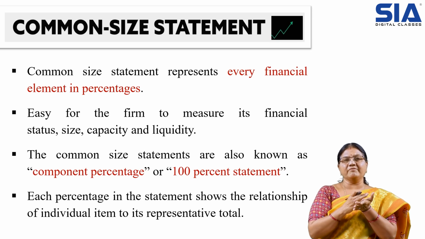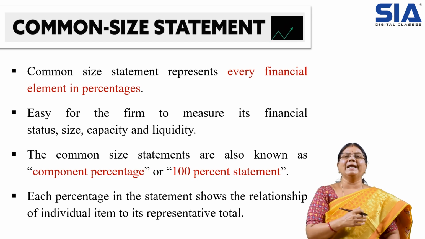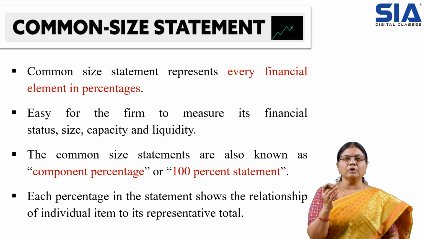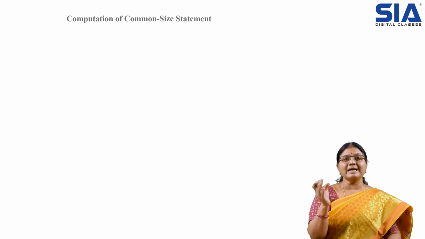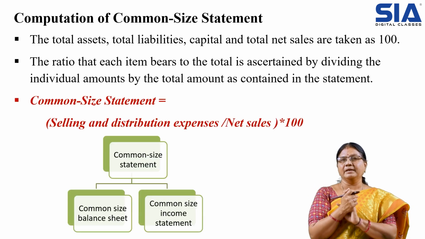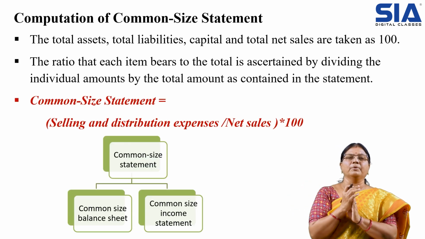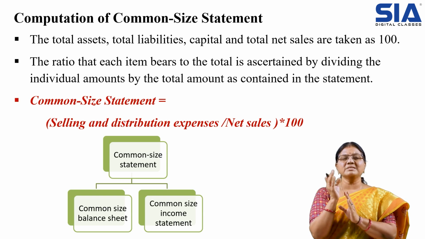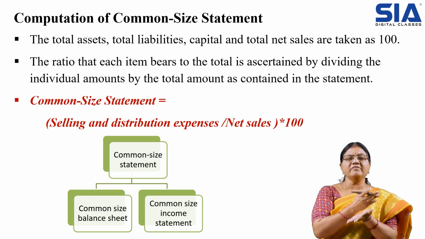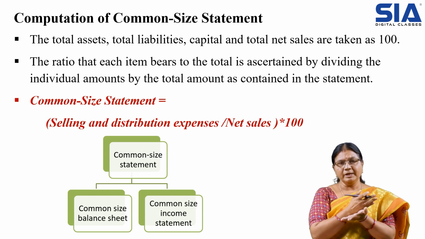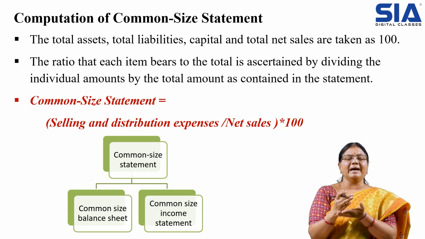In a similar way, for the balance sheet, we take the assets and liabilities as 100% and relate the other components. So computation of common size statements can be done for the profit and loss account and for the balance sheet.